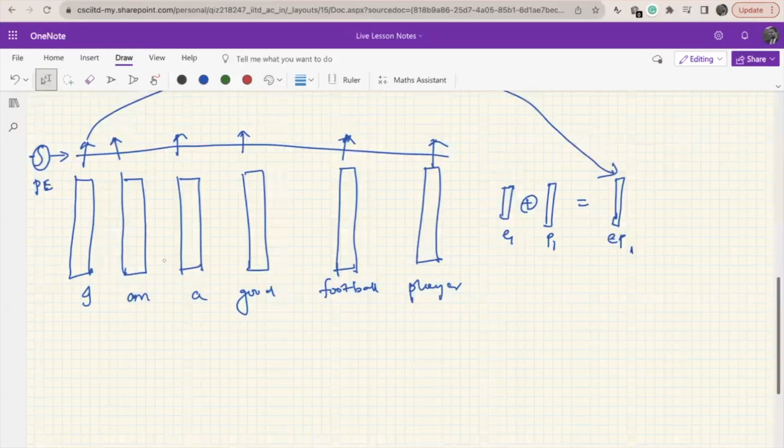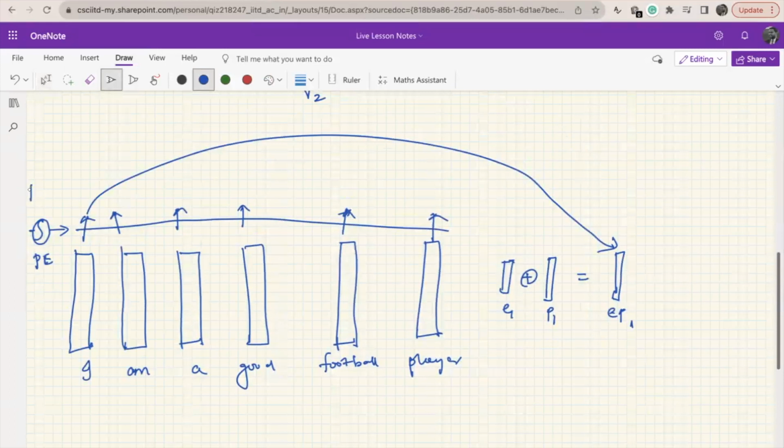So the position value for all these is 1, 2, 3, 4, 5, and 6. Then there is a sinusoidal, divided by 10,000 to the power 2i by d.